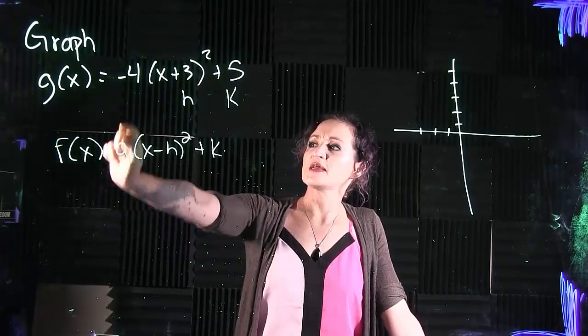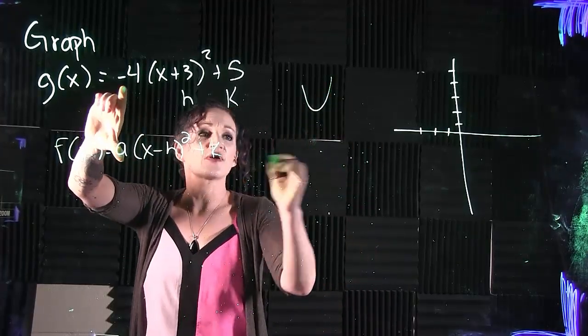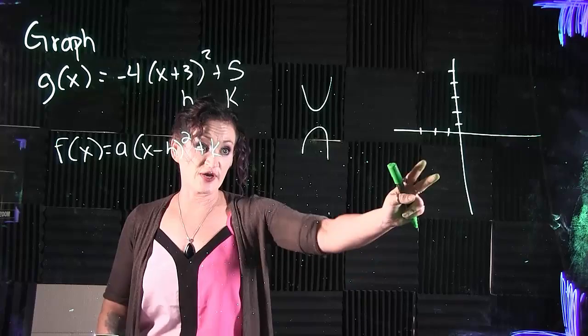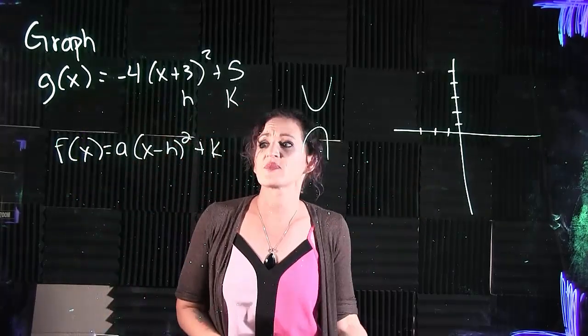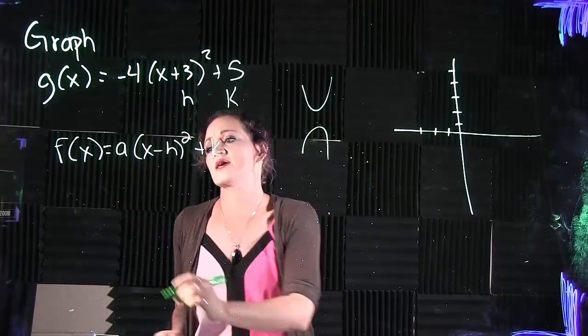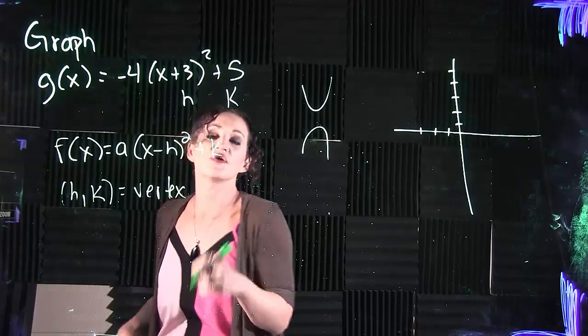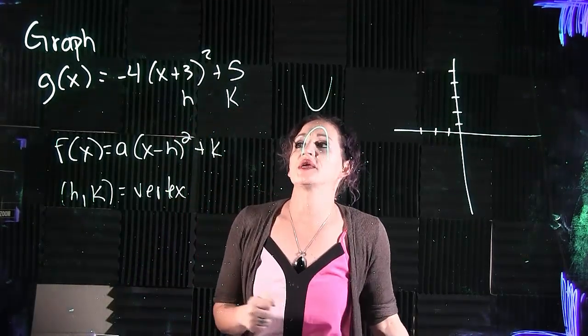A lets you know that if A is positive, we're talking about a positive parabola. If this number in front is negative, then we know our graph is turning downwards, like ours is going to be. Also, this (h, k) right over here, which lines up with these two digits, represents the vertex of your equation.